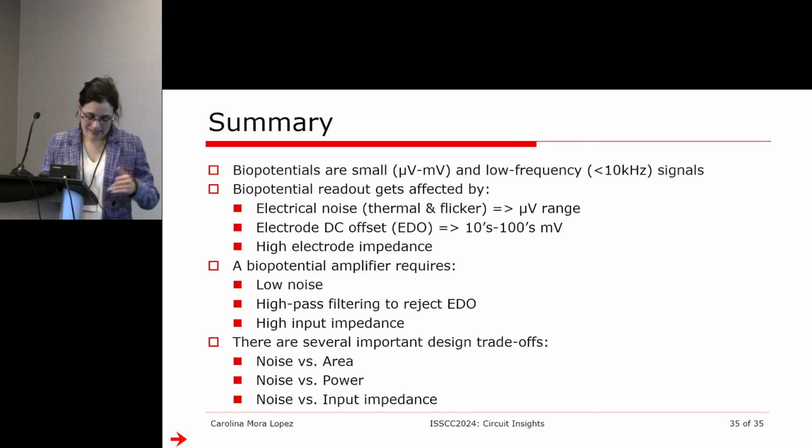Finally, as a designer, you will be confronted with many trade-offs. This won't be easy to solve. Again, you will always have to look at your specific application, but you need to solve noise versus area, noise versus power, noise versus input impedance, and this won't always be easy, but there are many circuit techniques, many innovations that you can do at circuit level to deal with this.